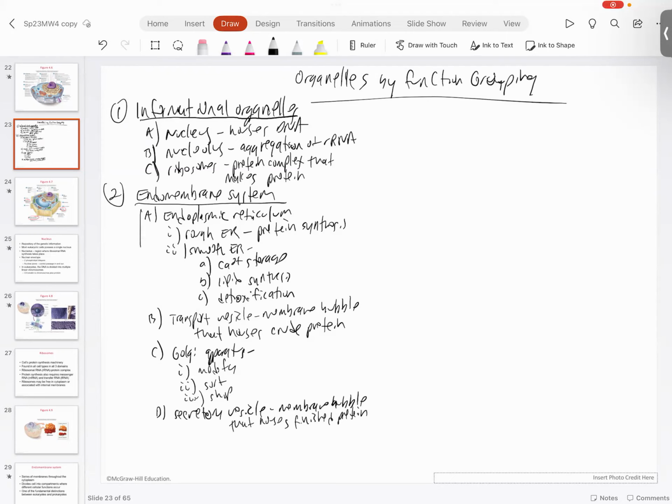Now, this whole process describes a pathway for something we'll be talking about called the secretory pathway.